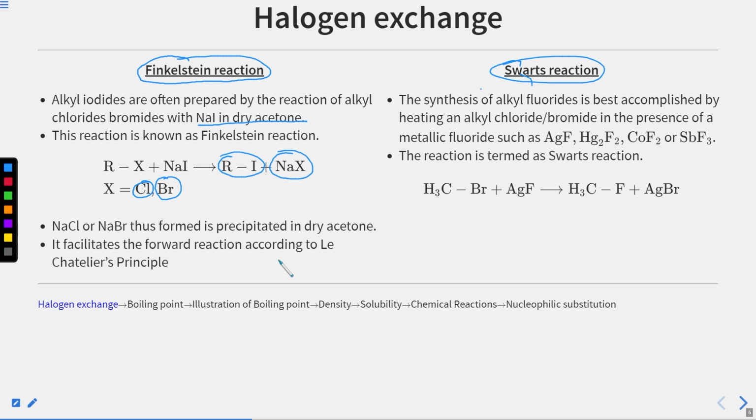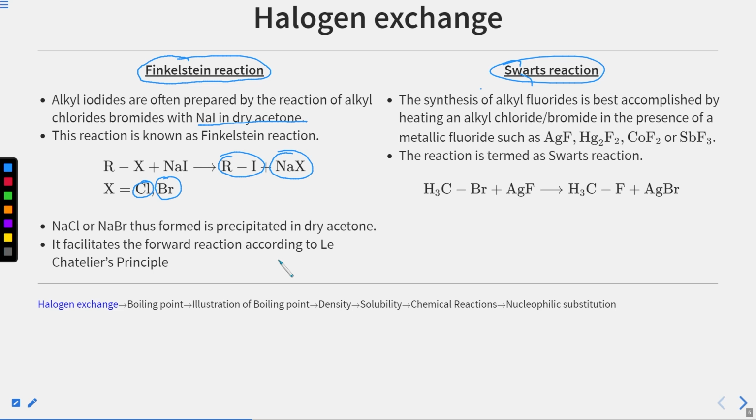This NaI is not that polar, because it has less ionic character than NaCl and NaBr due to Fajan's rule. If you remember Fajan's rule, the larger the size of the anion, the greater the covalent character. Iodine is of the largest size, so it has the greatest covalent character, and hence it is less polar than NaCl and NaBr.